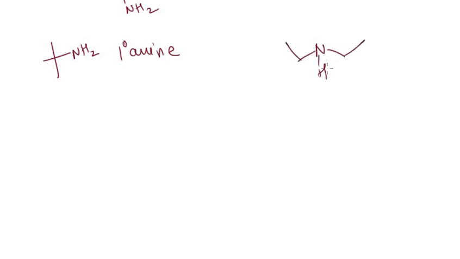Now this nitrogen has 1 hydrogen and 2 alkyl groups directly connected, so that will be a 2 degree amine. It doesn't matter the length of the alkyl group or the position of the substituent attached over here. We will count it as a 2 degree amine. Now one more example, this will again be a 2 degree amine.